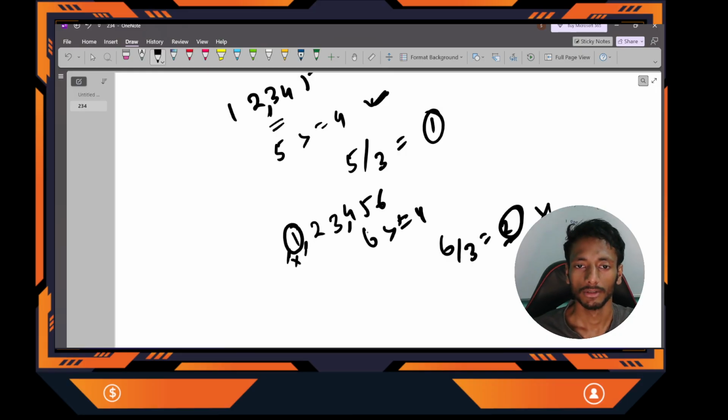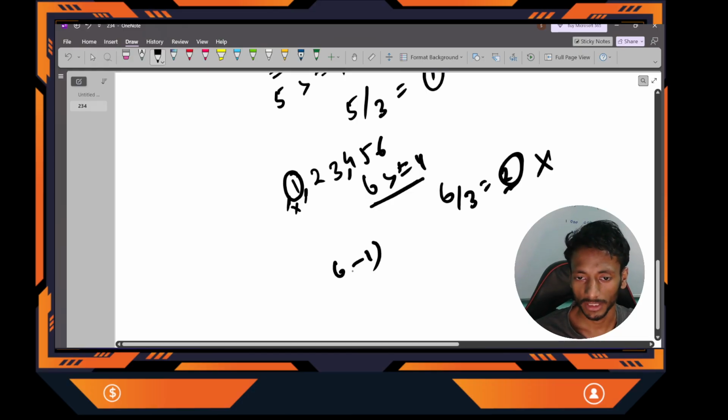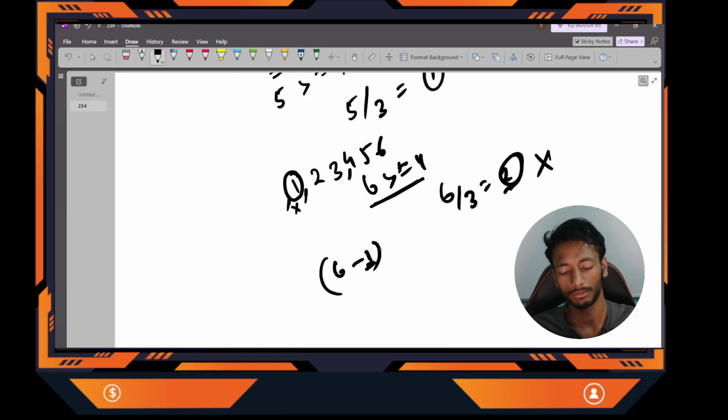So what I have to do first: I know that 6 is greater than or equal to 4. This is true, so we can place at least one comma. Now I want to know how many commas I can place. That depends first on 6 minus 1. Why am I subtracting one digit? Because if we place a comma, on the left-hand side we should have at least one digit.